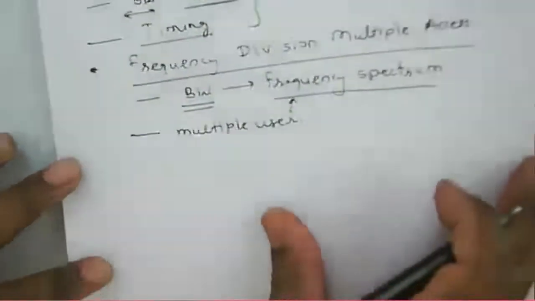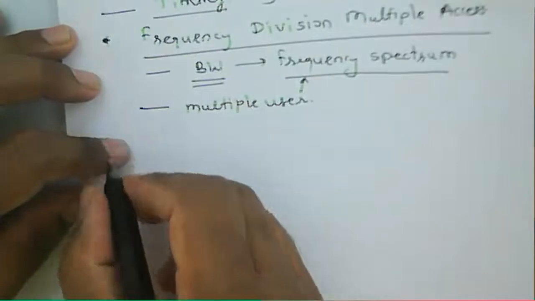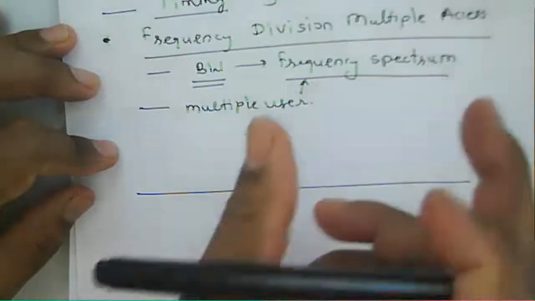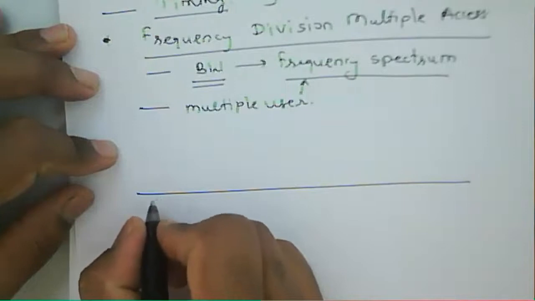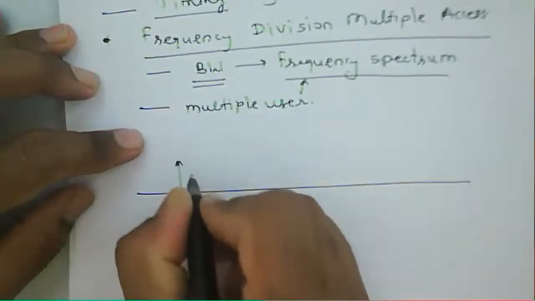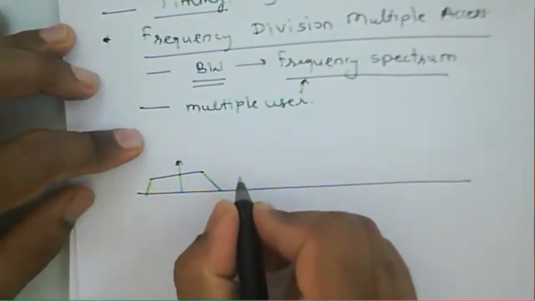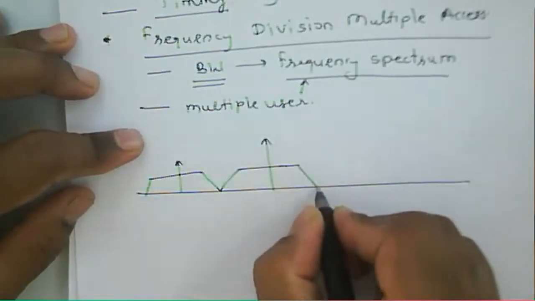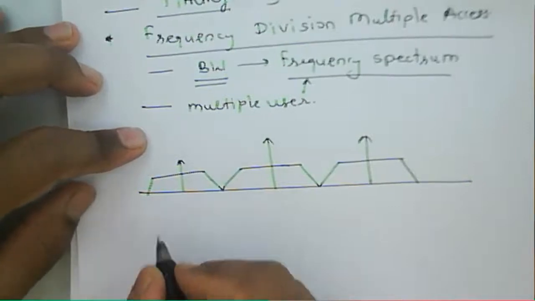Now how is that spectrum shared? Let us take an example here. We have a spectrum allocation, and in that spectrum allocation there are multiple users operating with various channels.